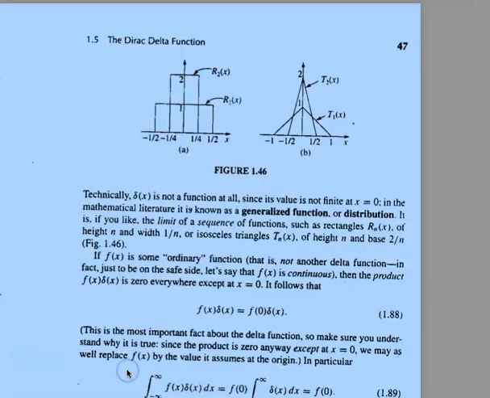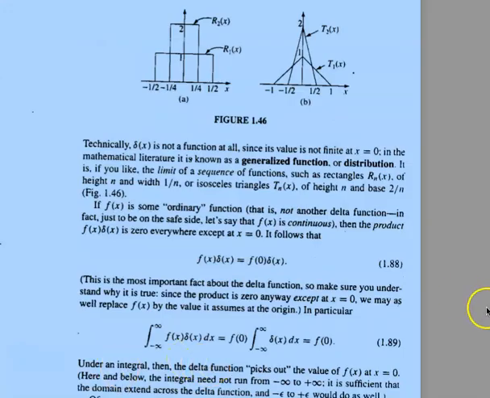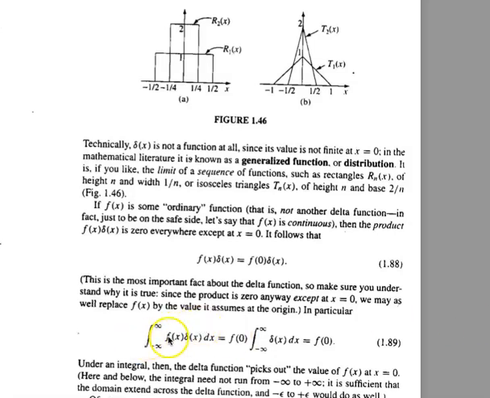And if that is the case, then the integral of some function f of x times delta x dx is equal to, you can factor out f of 0 because it's a constant, the integral from negative infinity to positive infinity of delta x. Then the result is this function evaluated at x equals 0.